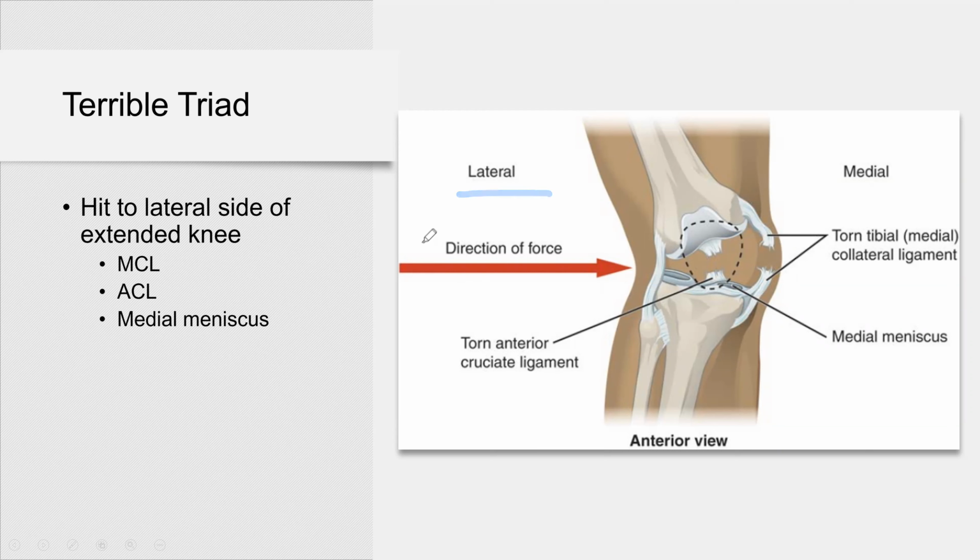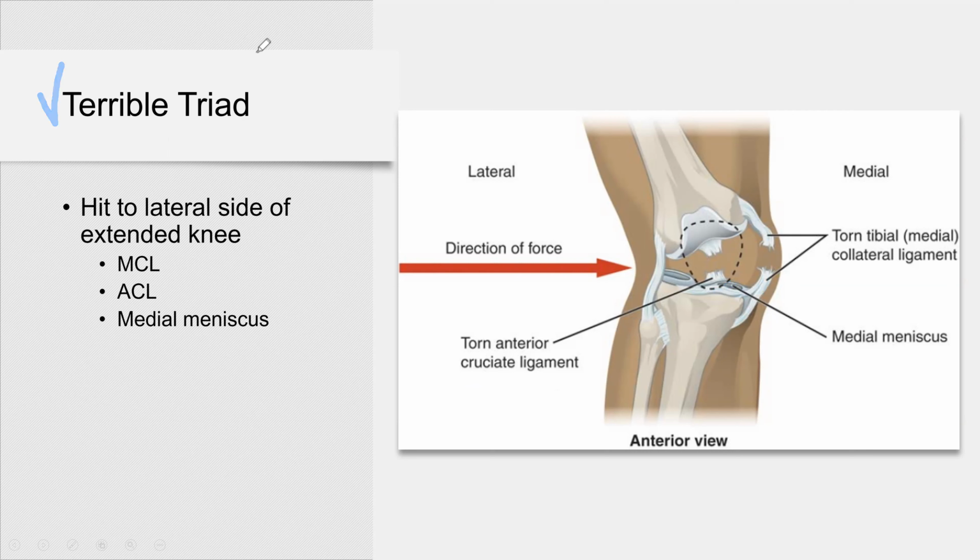So we have a direction of force from the lateral side of an extended knee. That means your knee is in anatomical position. That will lead to the rupture of three structures: the anterior cruciate ligament, the medial collateral ligament, and the medial meniscus. All these three structures can be damaged. That's what is called the terrible triad.